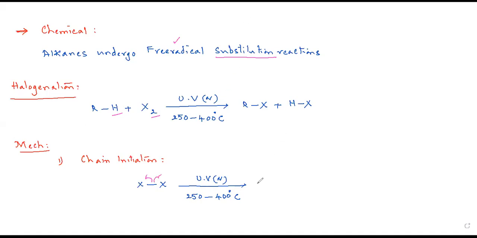So when homolytic fission or homolytic cleavage occurs, we get free radical. Here we got halogen free radical.